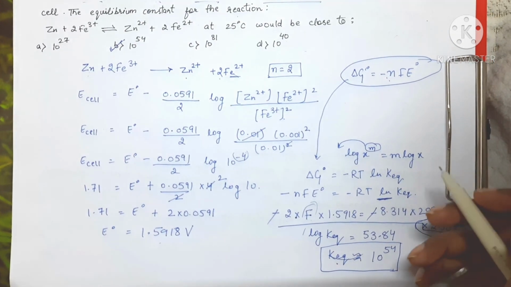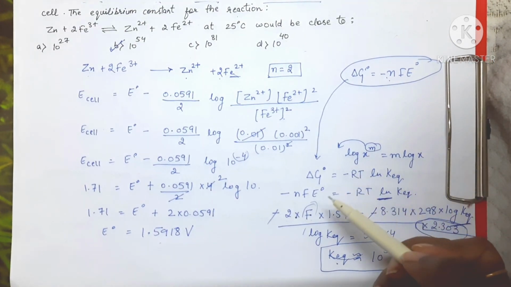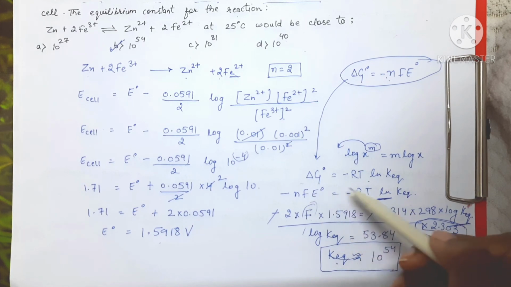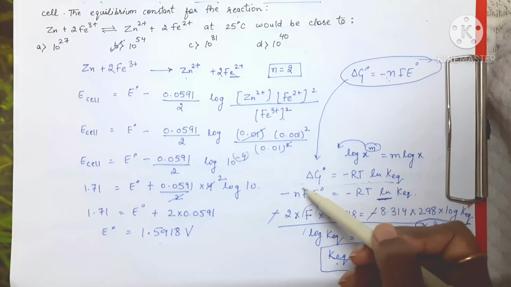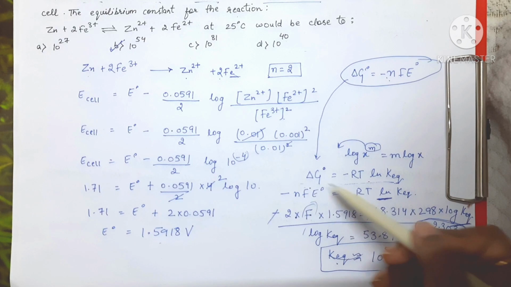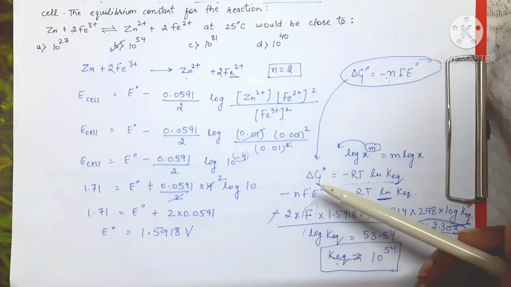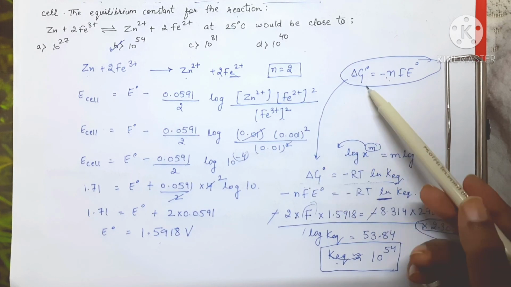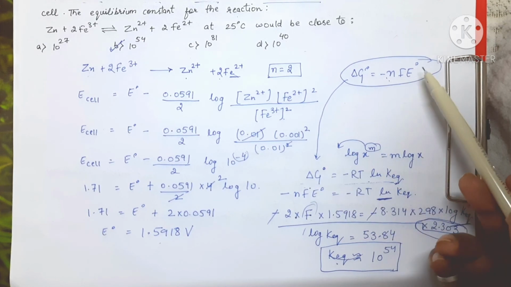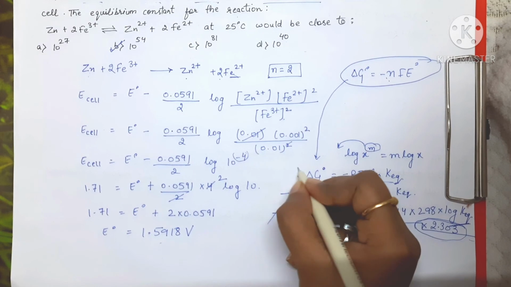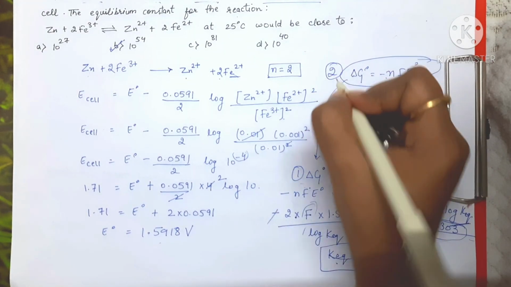After that, we know the relation between delta G naught and the equilibrium constant, and also the relation between delta G naught and EMF of the cell. So we used these two relations. First is this one and second is this one.